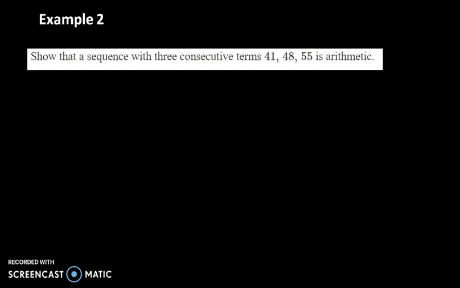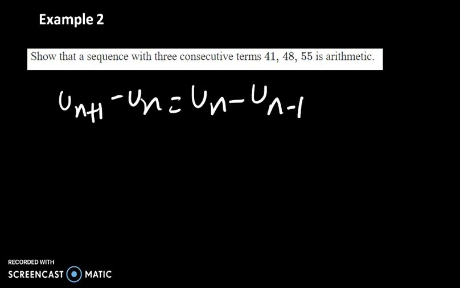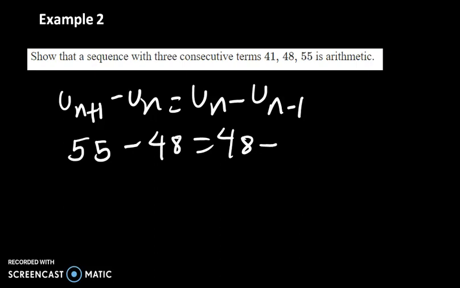Show that the sequence with 3 consecutive terms 41, 48, and 55 is arithmetic. Remember the formula I gave you for the second one, where un plus 1 minus un equals un minus un minus 1. In this case, un plus 1 becomes 55 because that's the last term, un is the middle one, 48, and un minus 1 becomes 41.